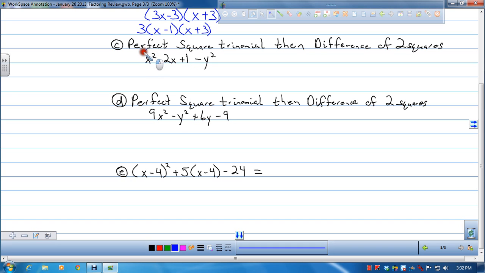So I'm going to think, hey, I might be able to factor just that trinomial right there. It appears that I, in fact, can do that. And if I look close enough, that is equal to x minus 1 times x minus 1, right? And then I would have minus y squared.